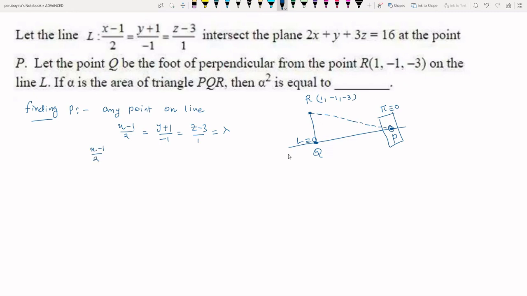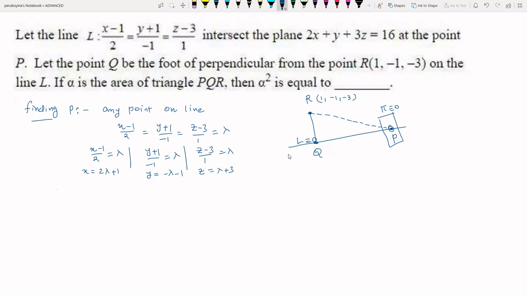Then x minus 1 by 2 equal to lambda, y plus 1 by minus 1 equal to lambda, z minus 3 by 1 equal to lambda. So x is equal to 2 lambda plus 1, y is equal to minus lambda minus 1, and z is equal to lambda plus 3.